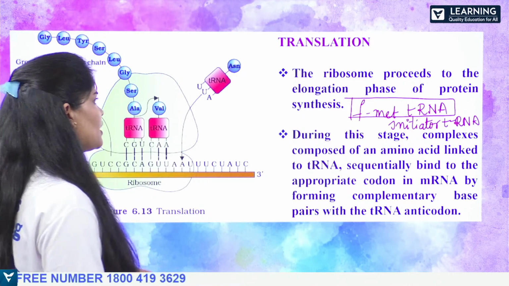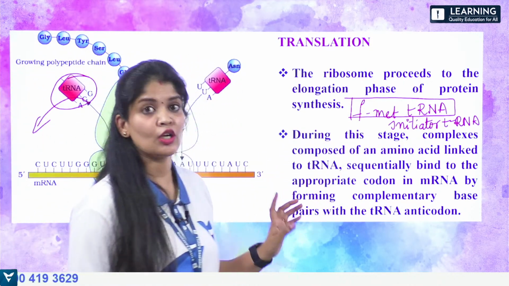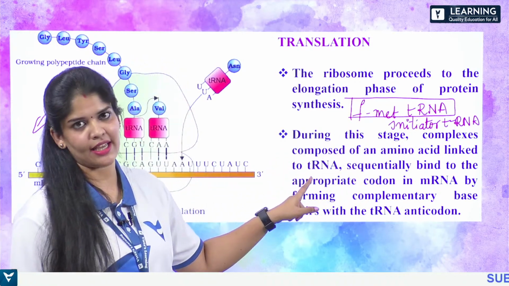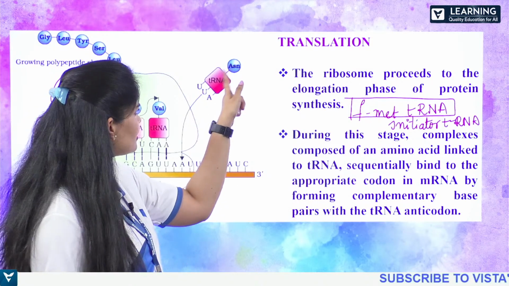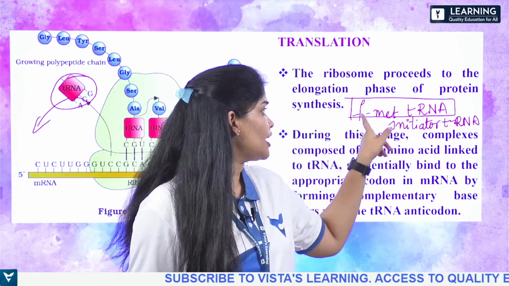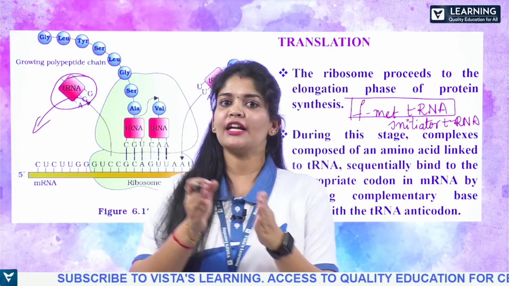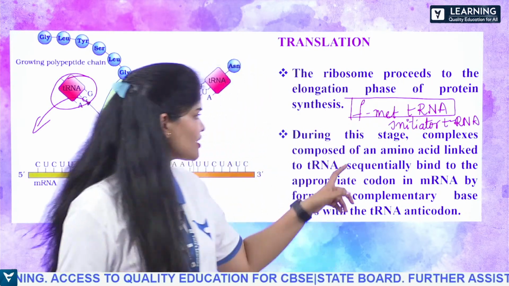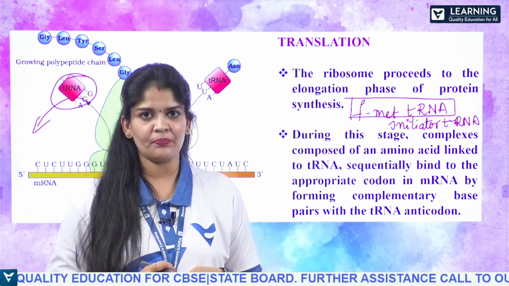So this is how, during this stage, complexes are composed of amino acid linked to tRNA. Initially, this F-met tRNA will go and fix to the P site, but the next amino acid tRNA will go to the A site.